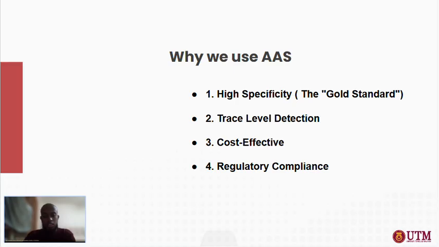Finally, because it's reliable, it is the regulatory standard. If you are submitting a report for legal environmental compliance or food safety, AAS is often the method the government requires you to use.